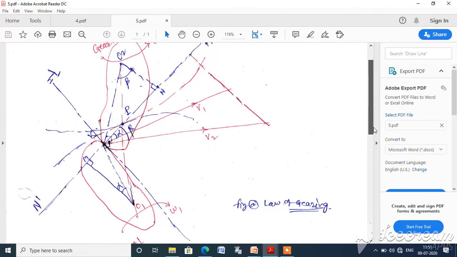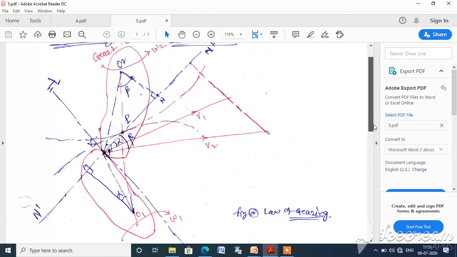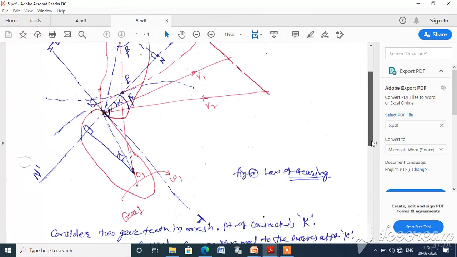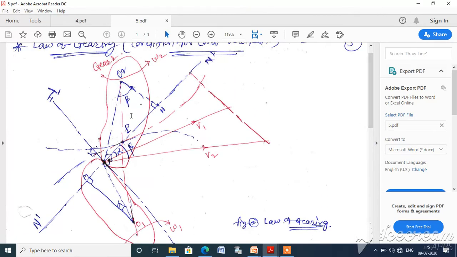Here I have drawn the figure of two gear teeth. Here I have mentioned gear 1. This is the teeth of gear 1, and this is the teeth of gear 2. Here you can find O1 is the center of gear 1 and O2 is the center of gear 2.